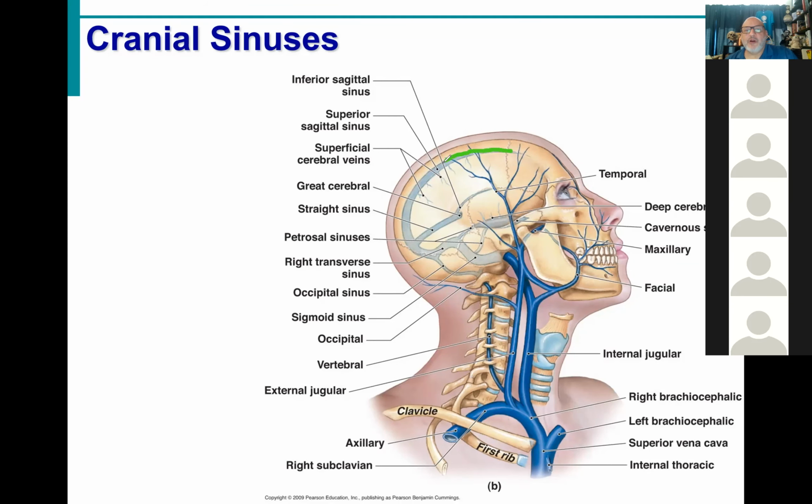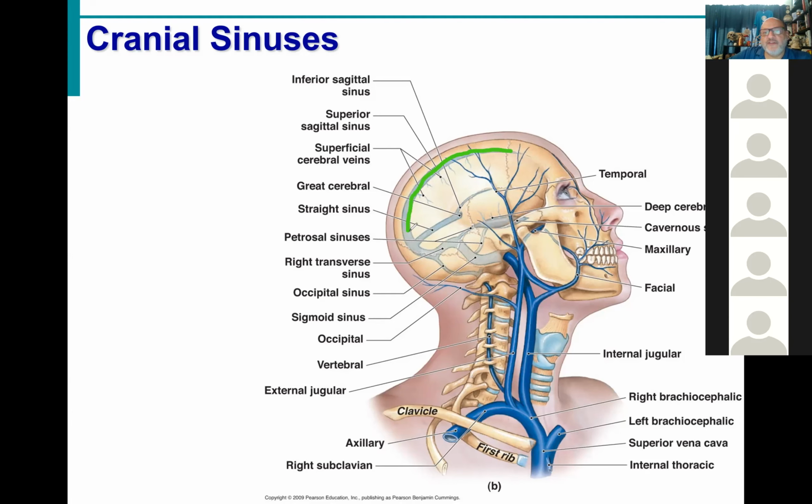If you remember, our dura mater is a big, huge, thick, two-layered fibrous connective tissue structure that has some folds that come off, like the falx cerebri and falx cerebelli, to help to stabilize the brain and hold it in place. And when those layers separate, there's some big sinuses in there.